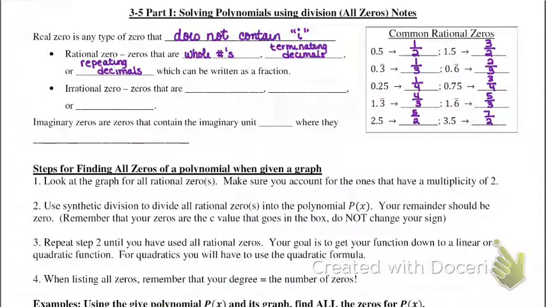Now, an irrational zero, on the other side, is a zero that is a non-terminating decimal, non-repeating decimal, or a number that contains a radical.